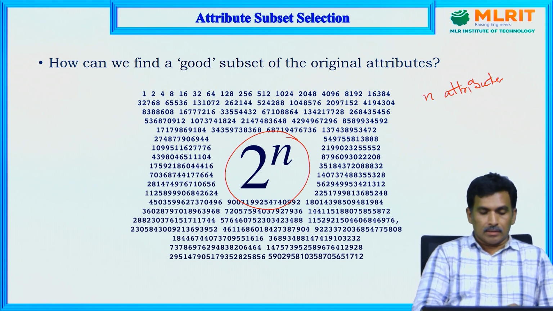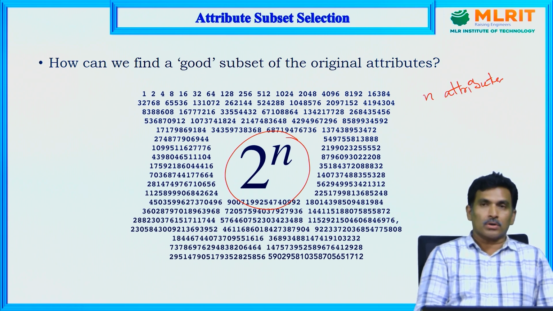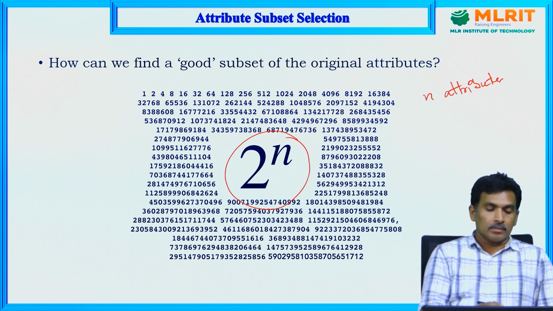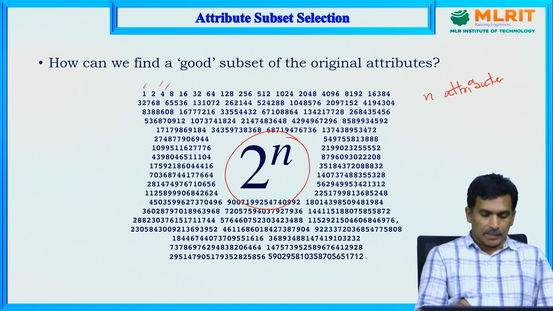You can see that as the value of n increases, the complexity becomes much greater, and for n equal to 1, 2, 3, 4 and so on, you can see the numbers become big.